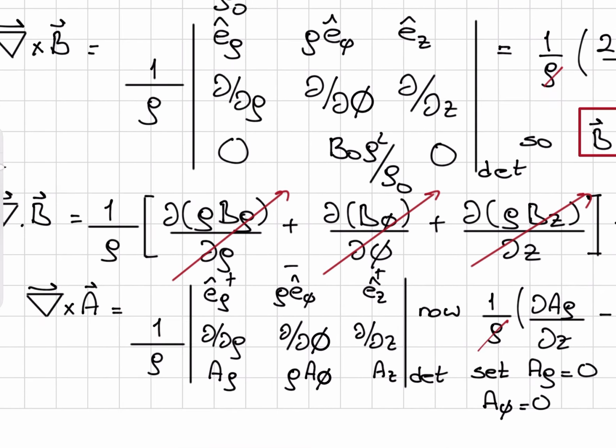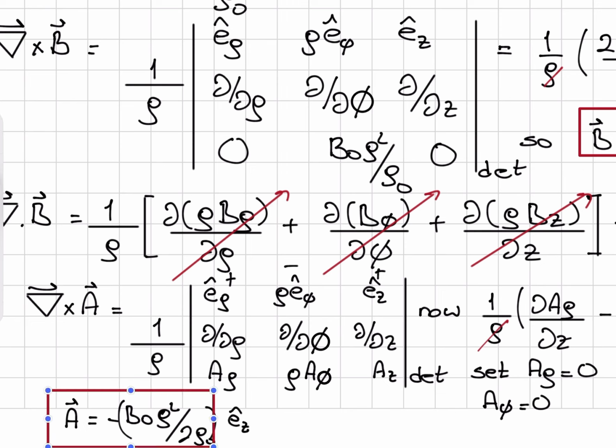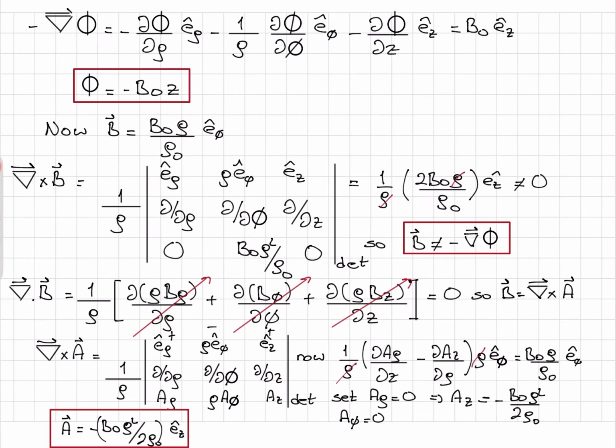So this would give me one possible answer for the vector potential A, minus B0 rho square divided by 2 rho 0 in e z hat direction. This is a vector potential A that satisfies this equation.